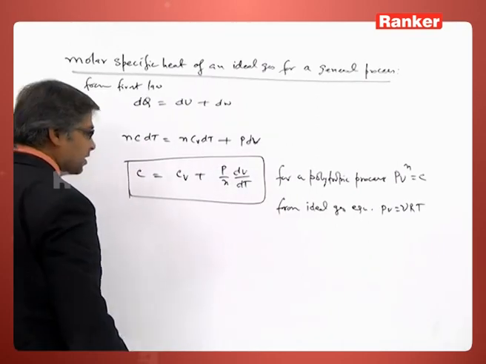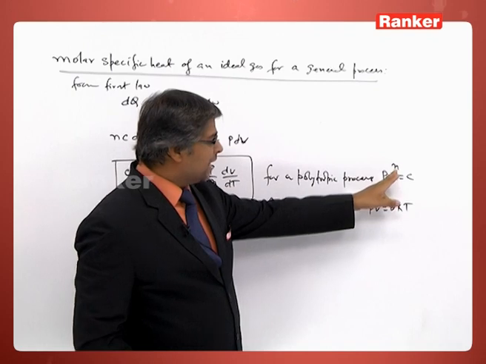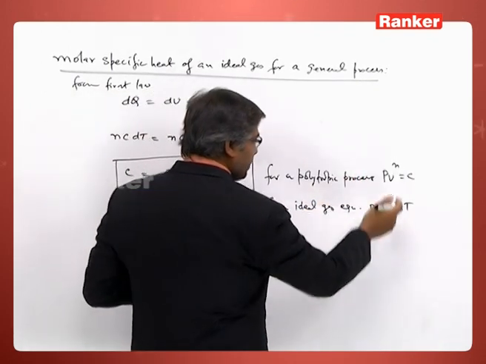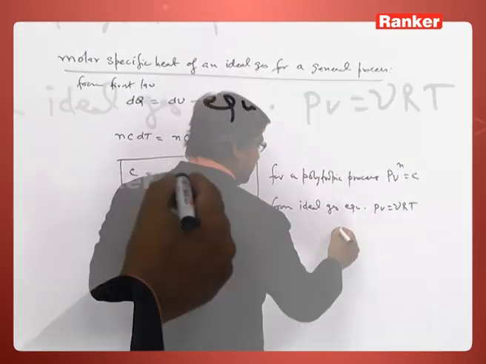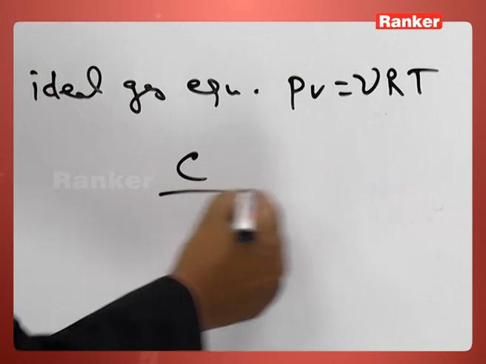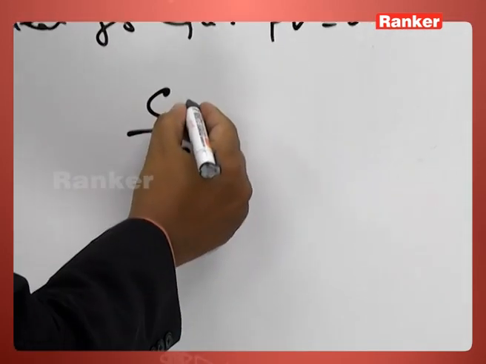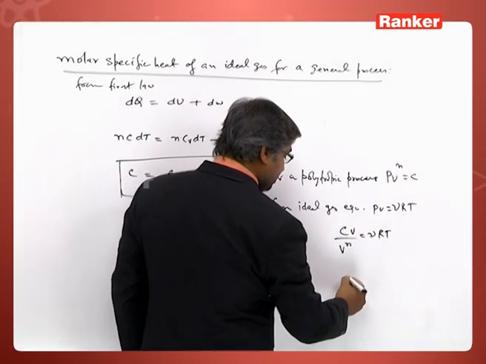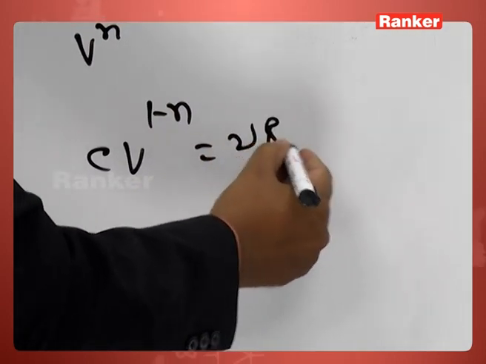Here nu is the number of moles and n is the power. Here we put P is equal to C by V to the power n, into V is equal to nu RT, which is again C V to the power 1 minus n is equal to nu RT.